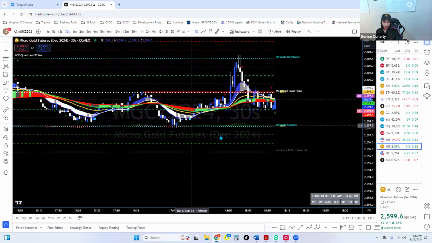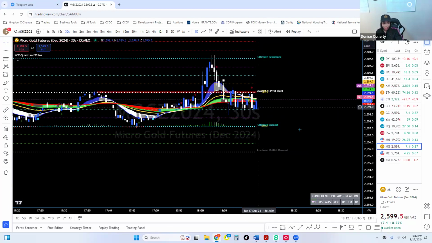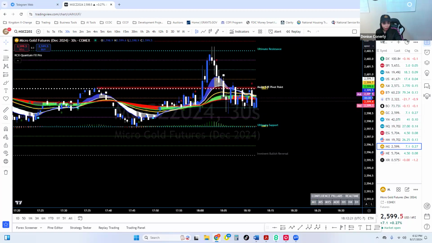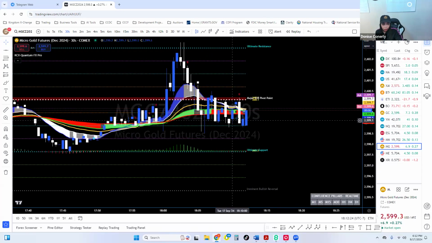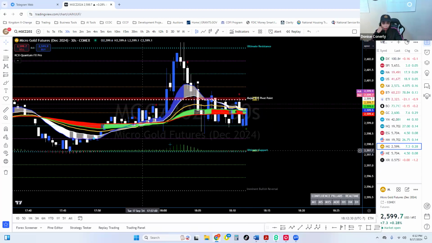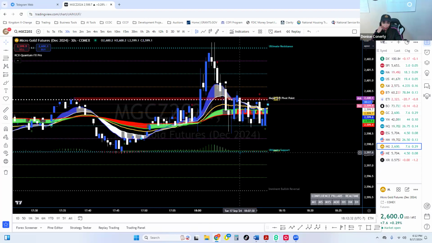Right now it's looking like it's staying above our overall cloud, our major cloud for this time frame, which is still red, but our price cloud is gray, indicating that it's moving upward. So right now it's looking like it's going upward.